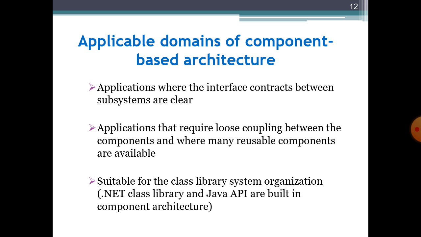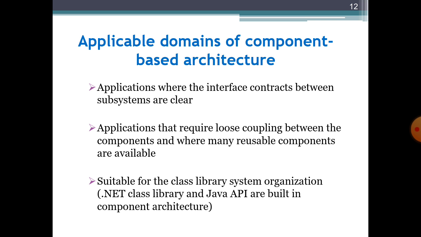So this type of component based architecture is suitable for class library system organizations like the .NET class library, like Java APIs, which are built in component architecture as well. So these are the different possible areas where we can utilize this architecture. Here we discussed three broader categories.